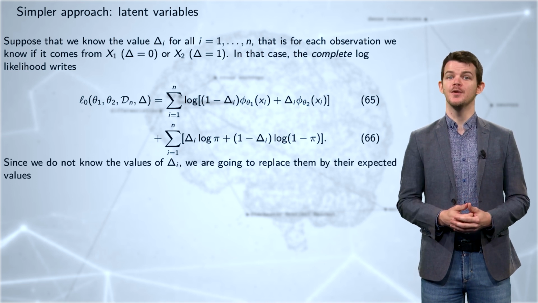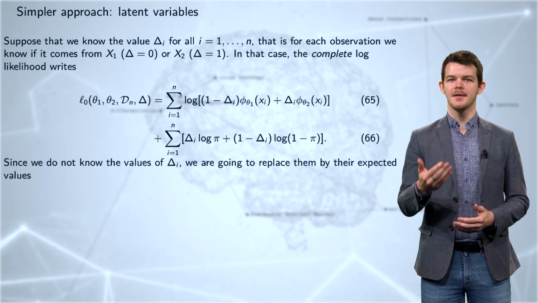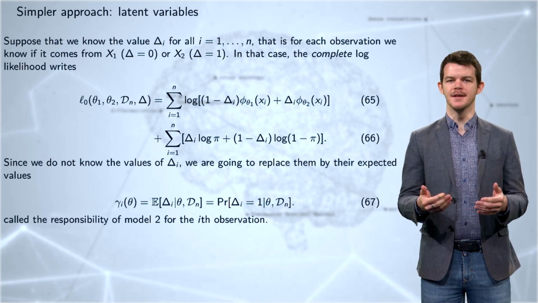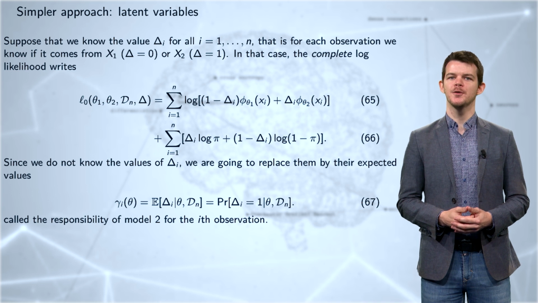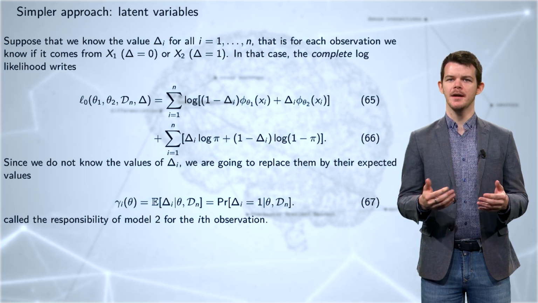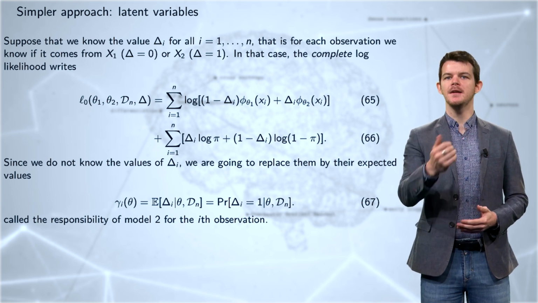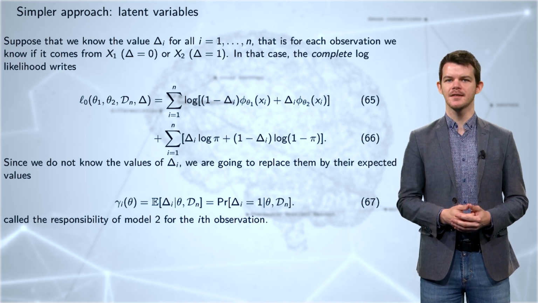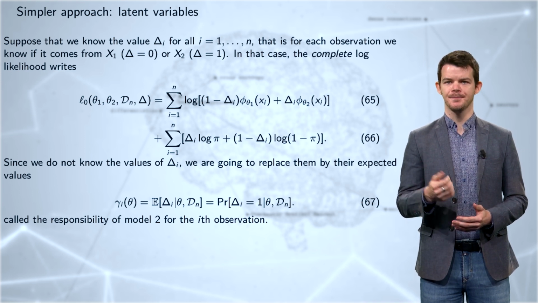Since we do not know the values delta I, we replace them by their expected values, which are defined as gamma I of theta. In order to find the parameters θ1, θ2, and pi, we're going to maximize the complete log likelihood of the problem, see equations 65-66, where we replace the delta I by the expected values gamma I of theta.